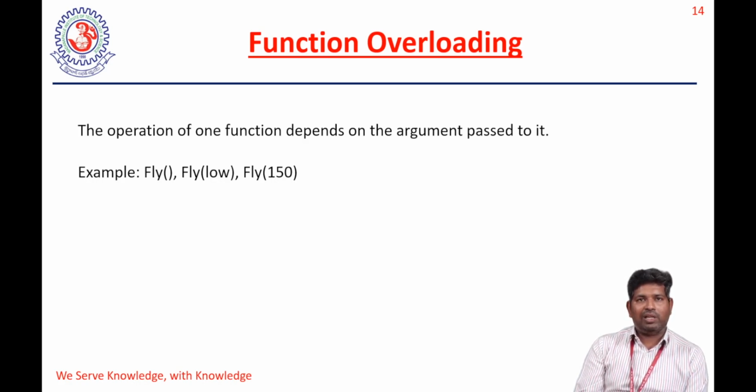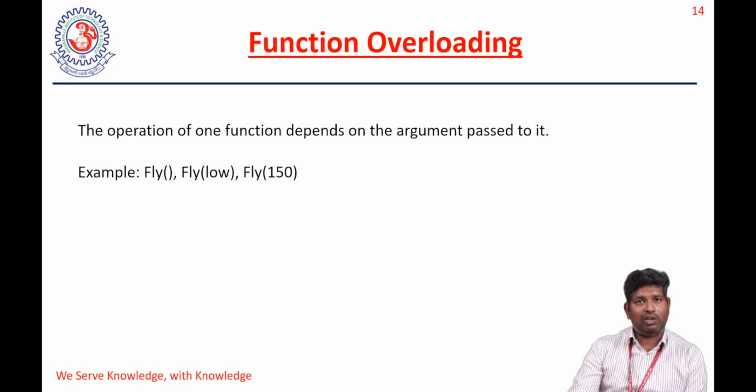If you look at this example, here we wrote three methods. The name of the method is the same. The first one takes no arguments at all. The second and third each take one argument, but the data type is different.